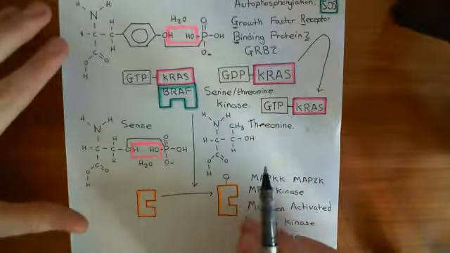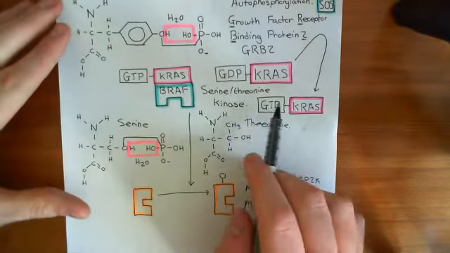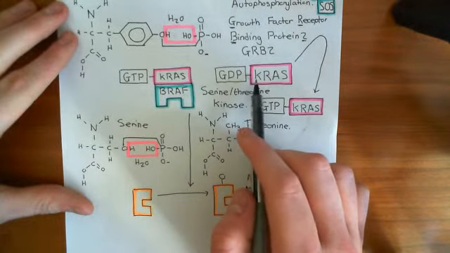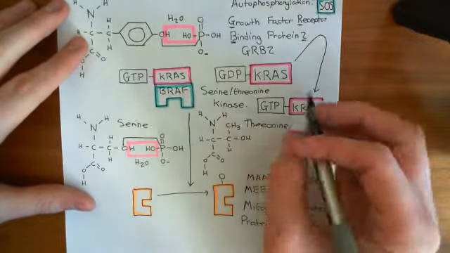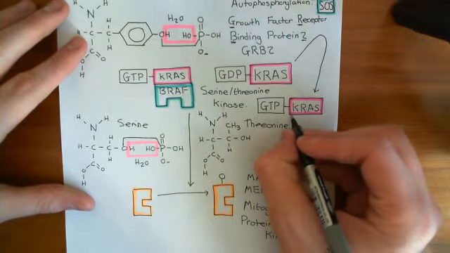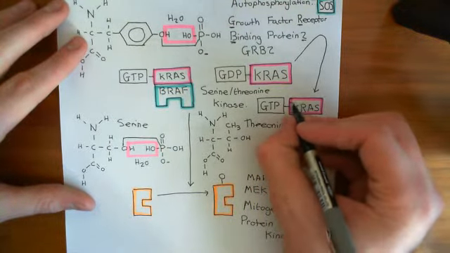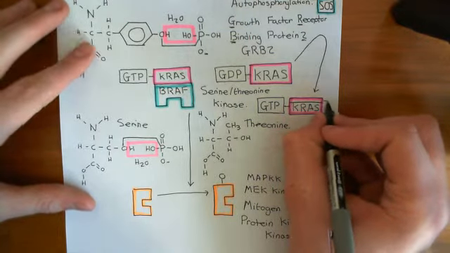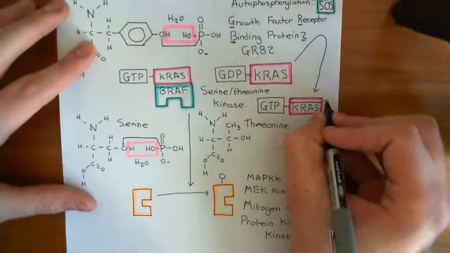Right, so let's go back to our KRAS. In its GTP-bound form it's in the on state, and with GDP bound to it, it's in the off state. Now, KRAS has a portion of it which is the intrinsic GTPase.